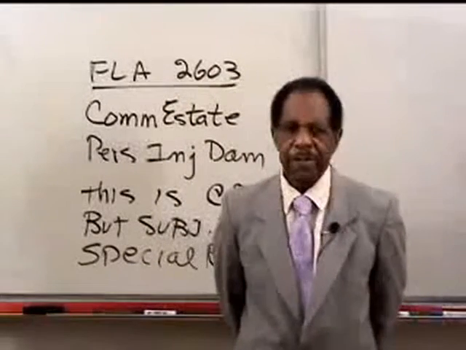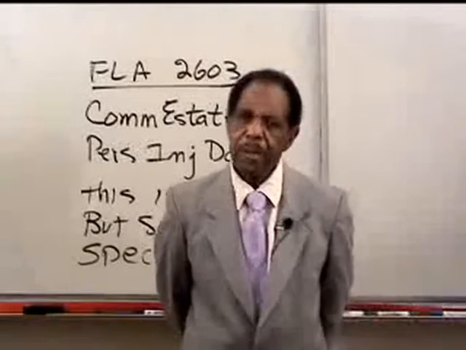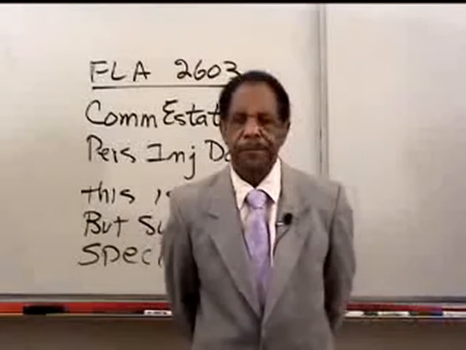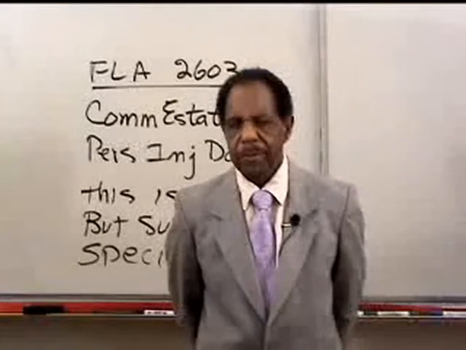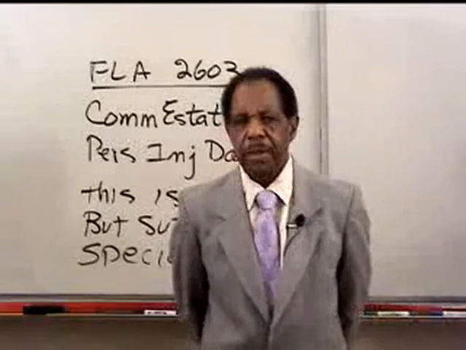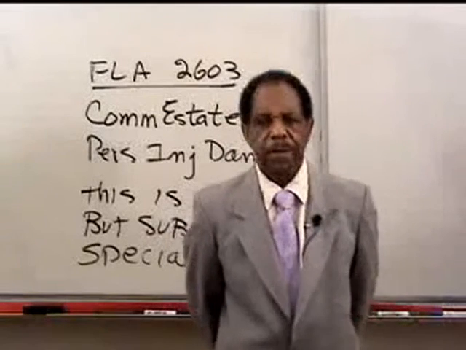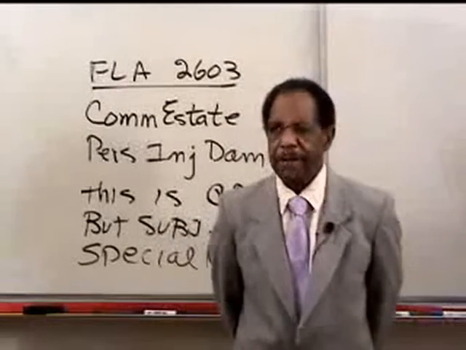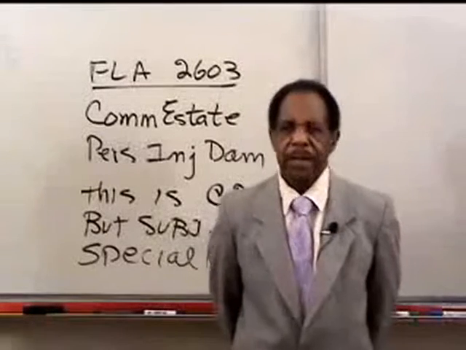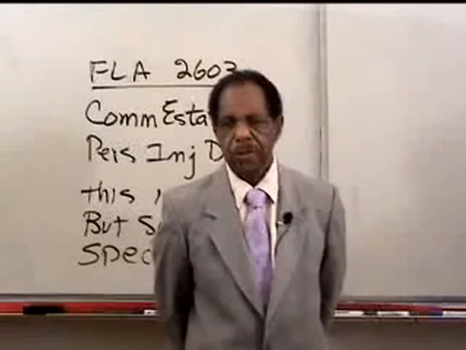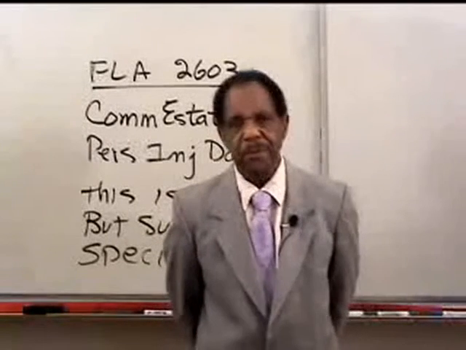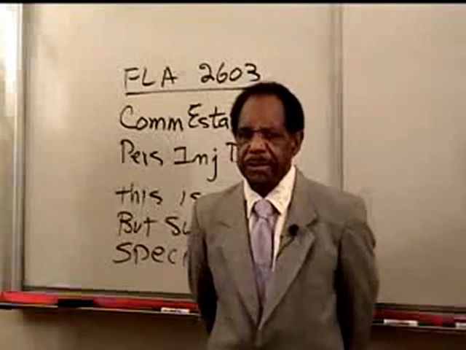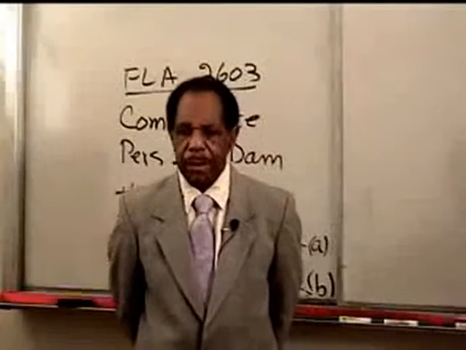If the federal government says, for example, that a soldier, a military person, has a life insurance policy, the soldier can name anybody he or she wants to. It does not have to be the spouse. Okay, they have total freedom to name anybody. That's a federal preemption situation.